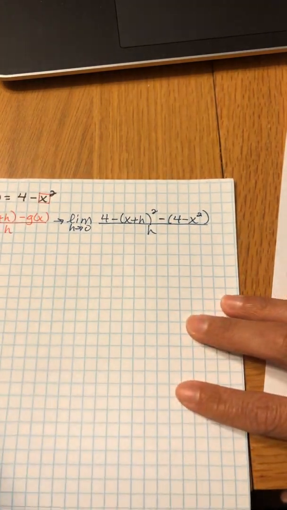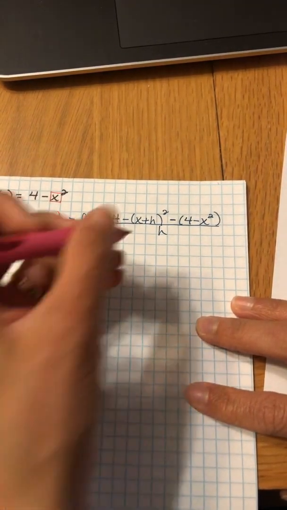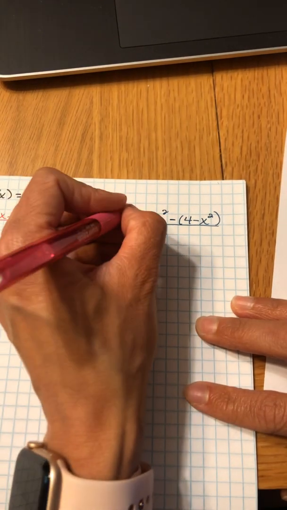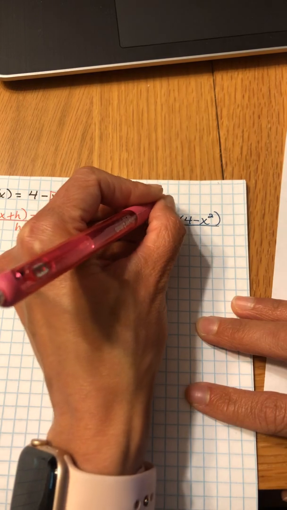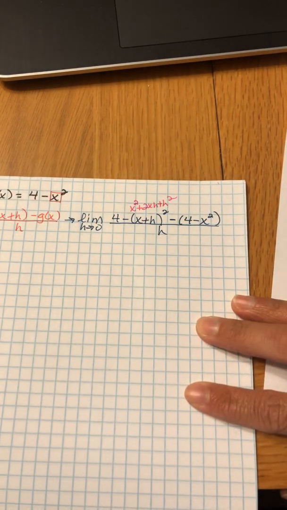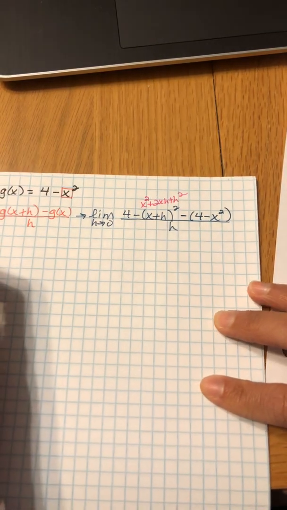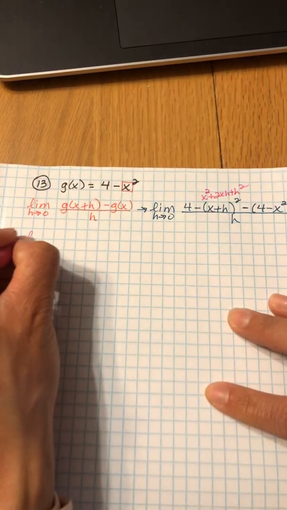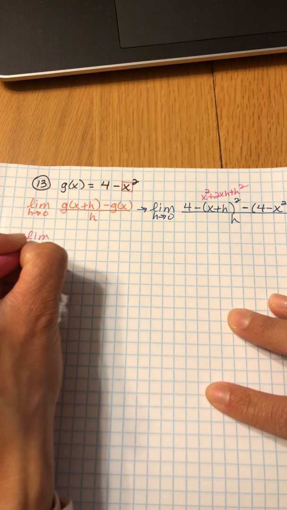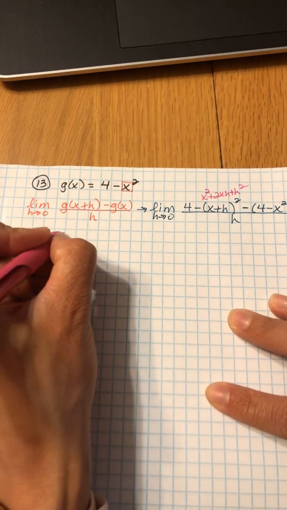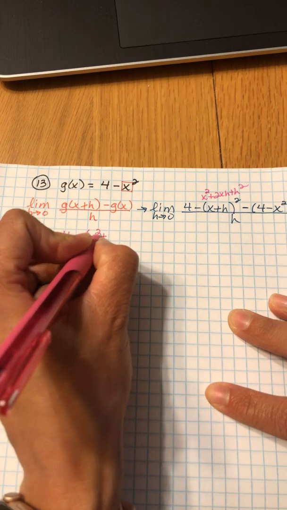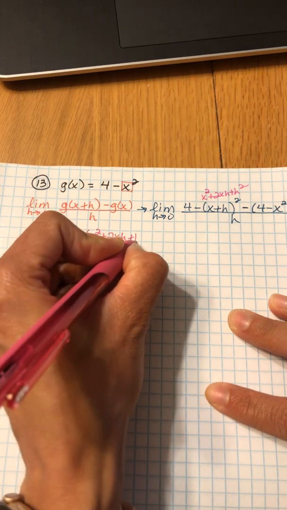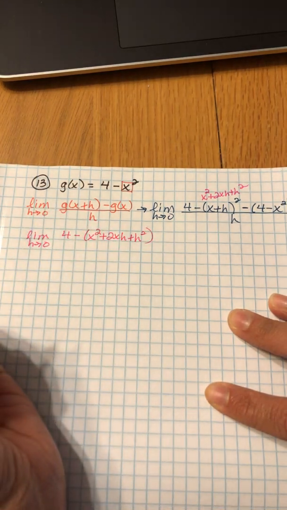Okay, so there's that x plus h quantity squared again. Remember, that multiplies out to x squared plus 2xh plus h squared. Okay, because it's x plus h times x plus h. So let's rewrite it. We've got the limit as h approaches 0 of 4 minus the quantity x squared plus 2xh plus h squared.